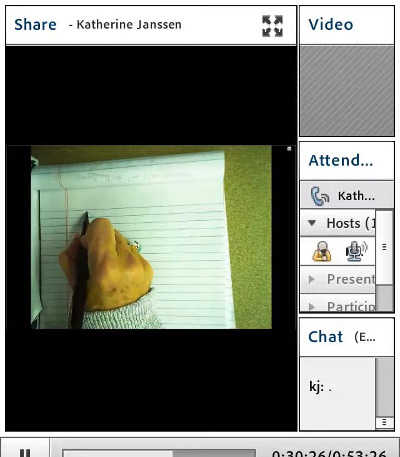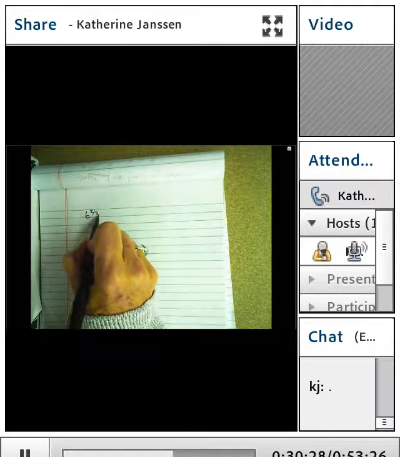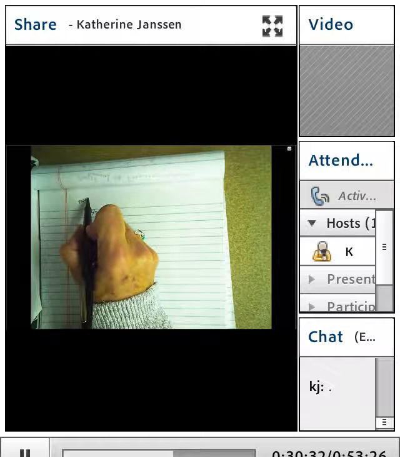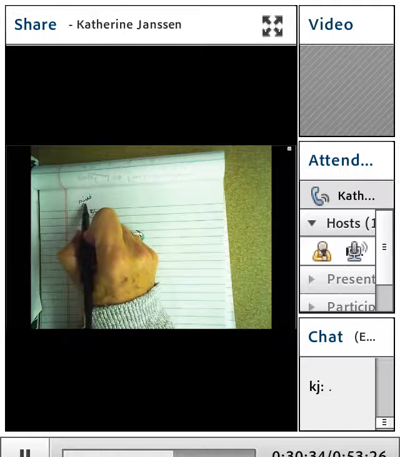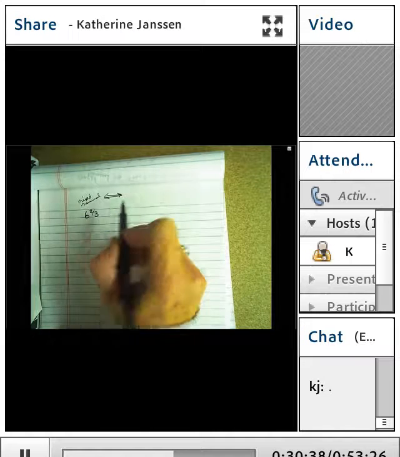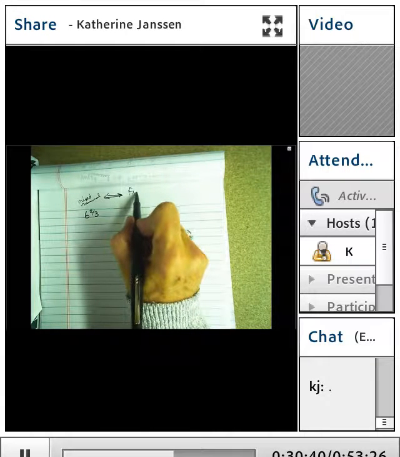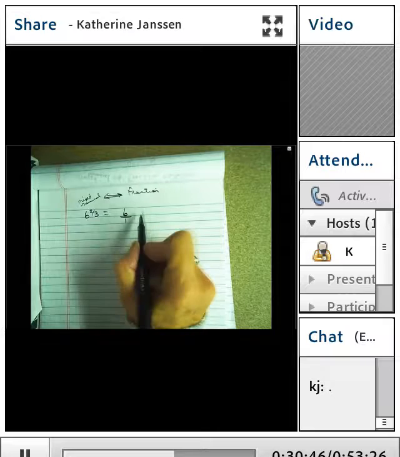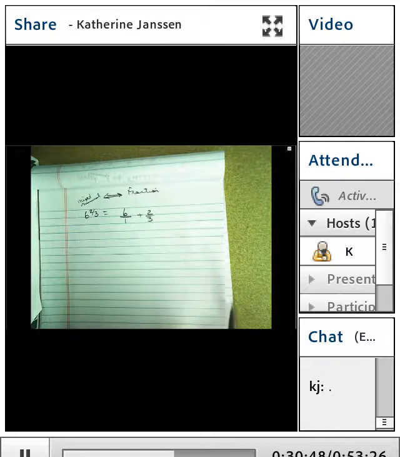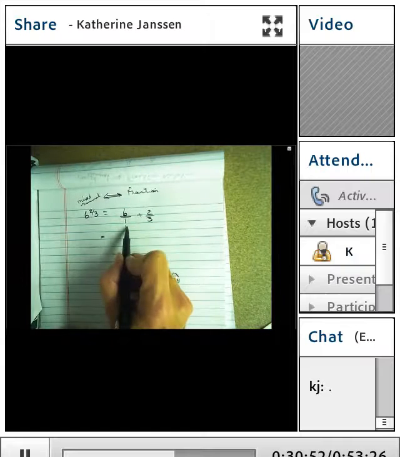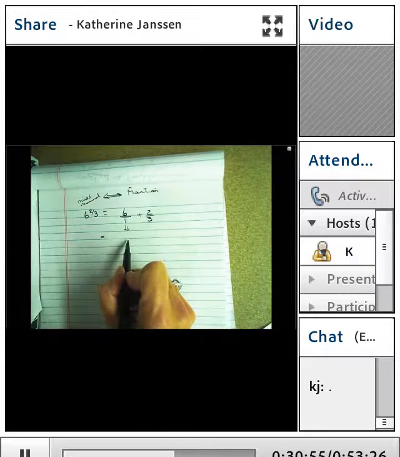Another example, 6 2/3. That's mixed numeral. And we're supposed to convert it to its equivalency in fractional form. So I have 6/1 as a whole number plus 2/3. I'll need a common denominator. So I'm going to convert 6/1 to thirds.